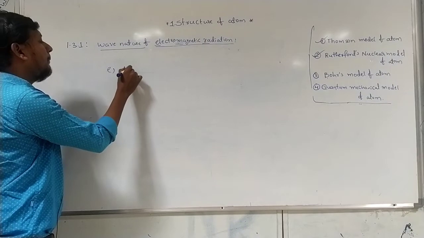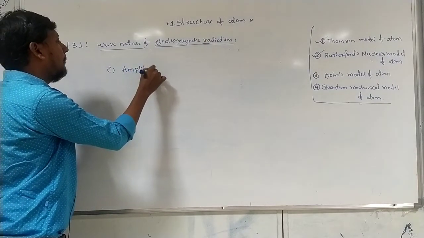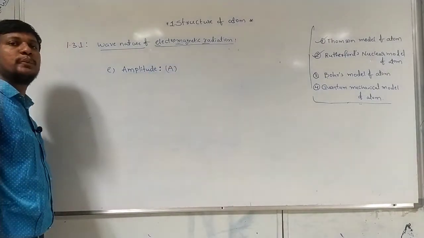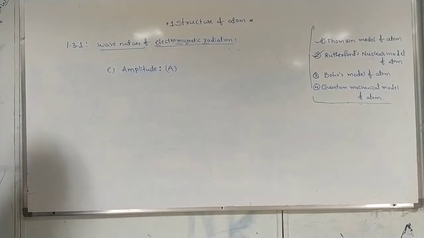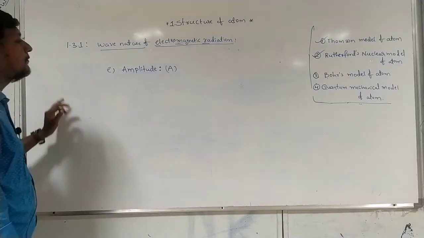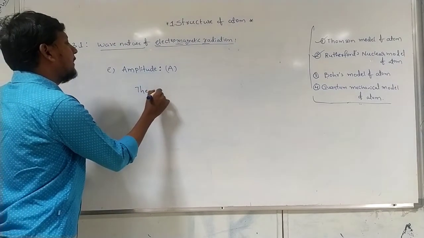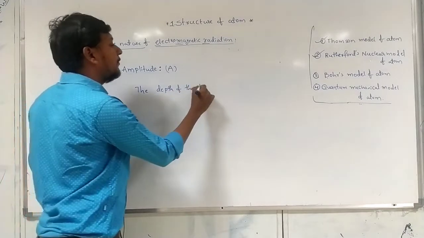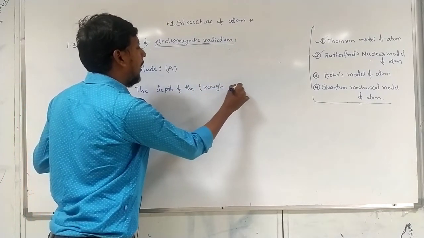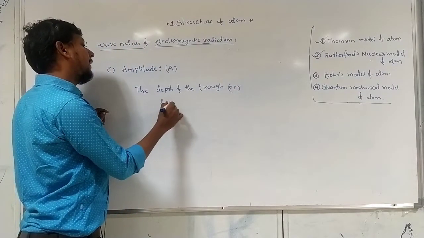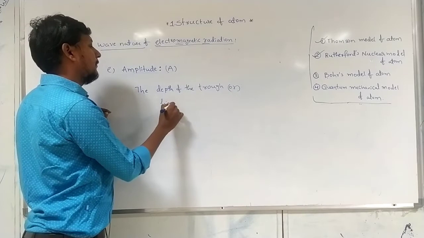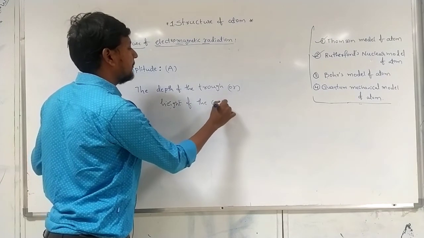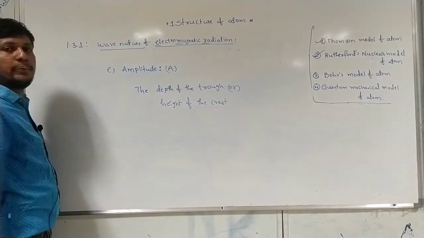Next one is the amplitude, denoted with capital A. What is considered as amplitude? The depth of the trough or height of the crest is known as amplitude.